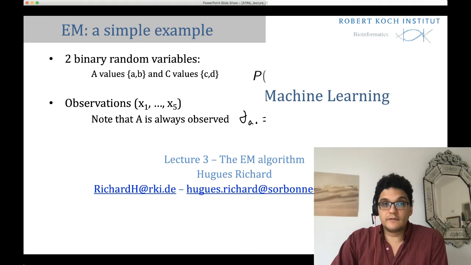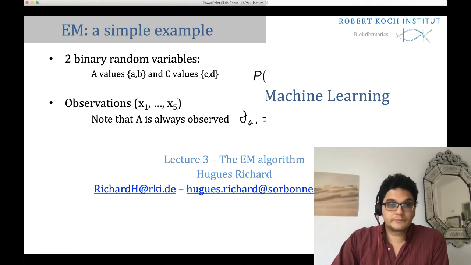The probability of observing B is 2 out of 5. So let's try now to estimate theta, so those 4 parameters with the EM algorithm.